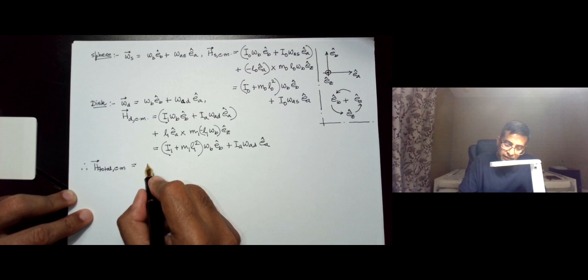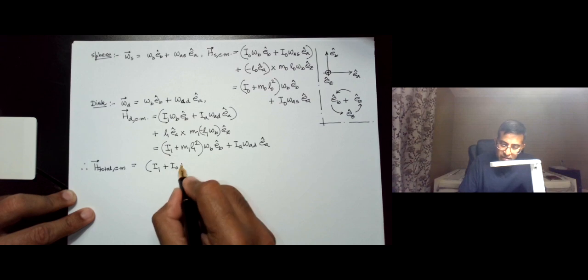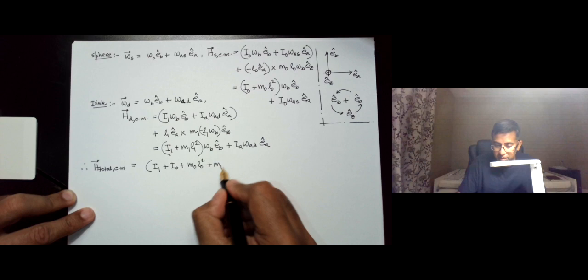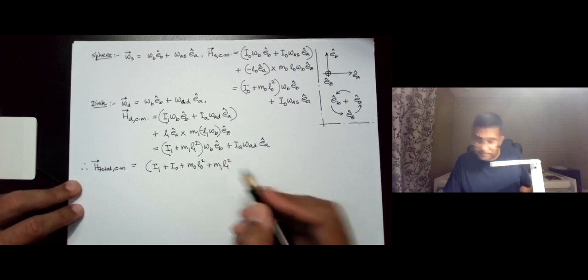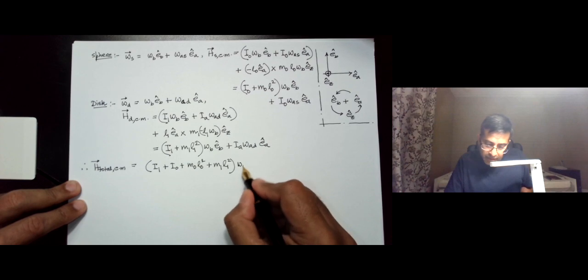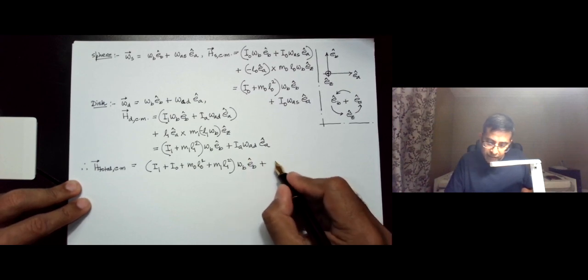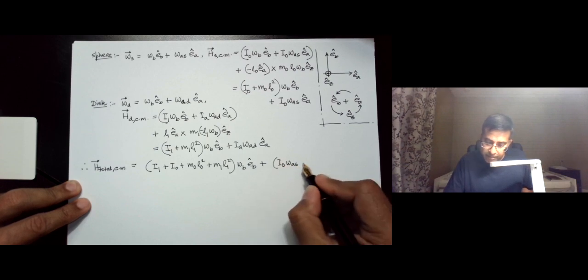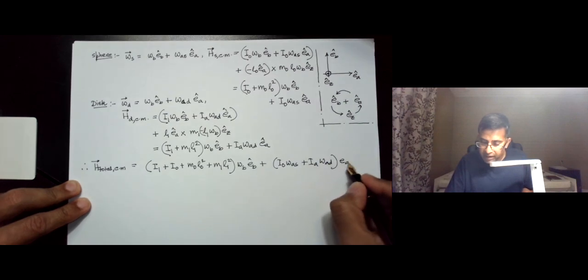We are going to have I1 plus I0 plus M0 L0 squared plus M1 L1 squared, times omega b EB, plus I0 omega AS, plus IA omega AD EA.